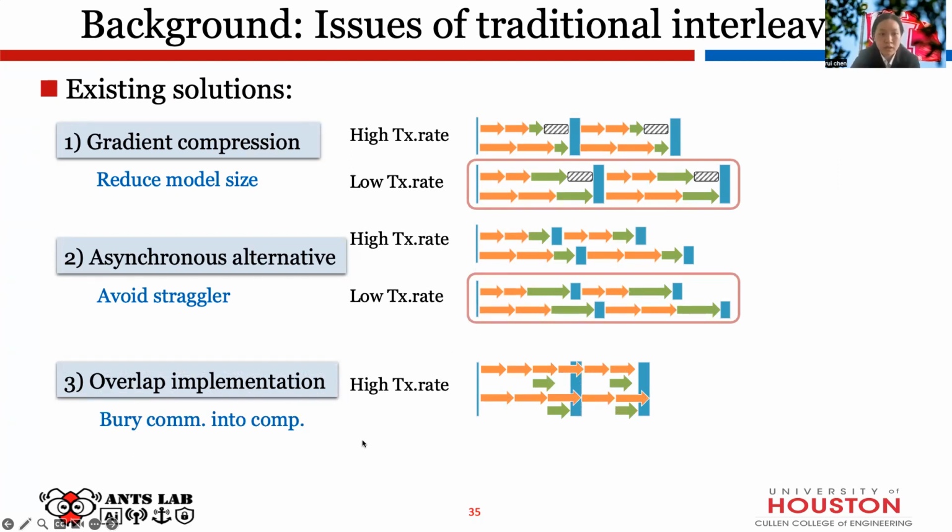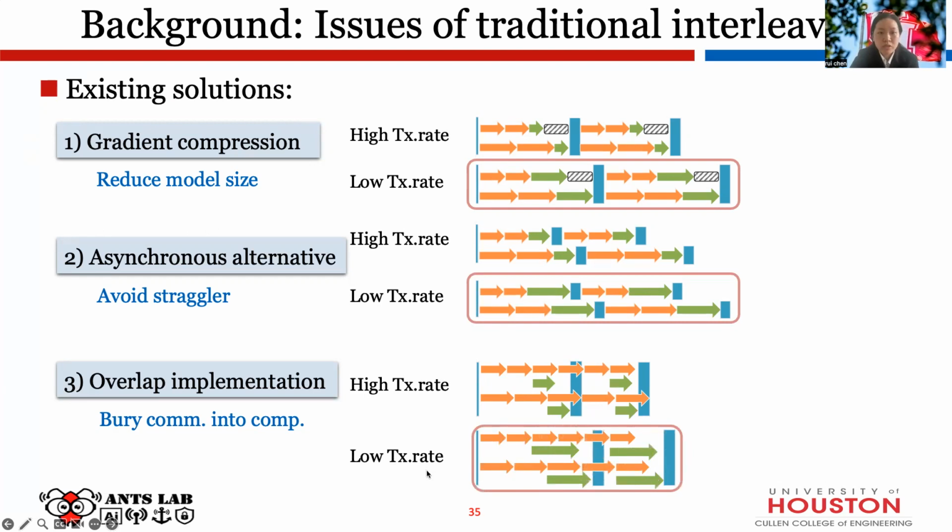In such an implementation, the server will send the model, and at the same time, the clients will start the next round of training immediately without waiting for the global model or the model update from the other clients. So when the transmission rate is very small, the long network latency can be buried in the computing stage.